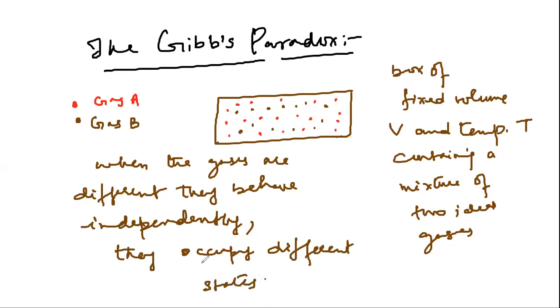Hence sigma is equal to sigma A into sigma B.